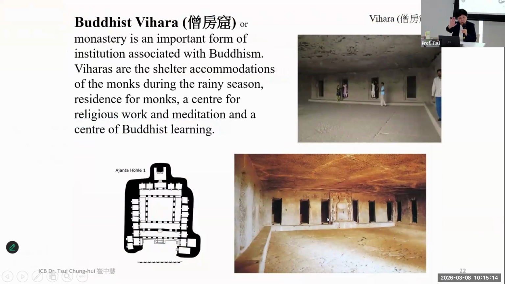On the main wall, you can see several small cells, small rooms. These are all meditation rooms for Buddhist monks. On the main wall, we also have an image of the stupa, which is a symbol of the Buddha. So we can worship the Buddha and also practice meditation inside the cave.